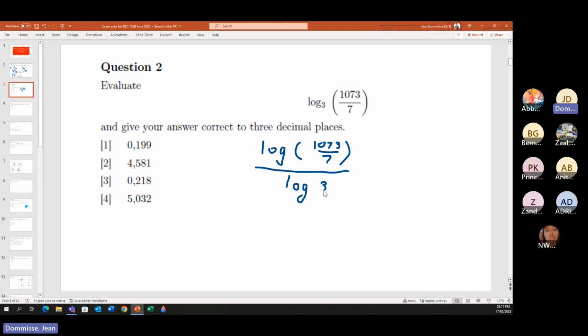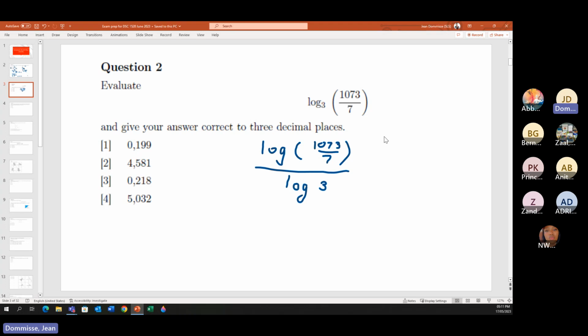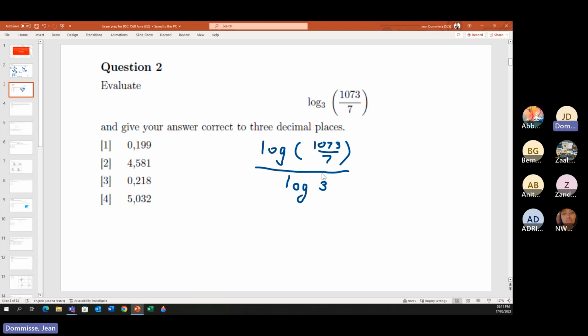So this is the log rules, but a lot of the current calculators now, you sometimes have the ability to already put that into the calculator. So if you didn't have a calculator like that, what you can follow is just the normal log rules to it. So then it will be 1073 divided by 7, which is 153 point something.